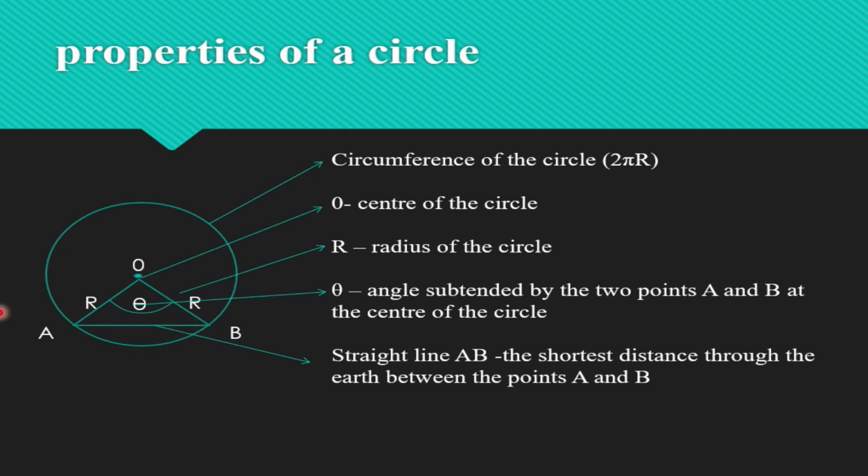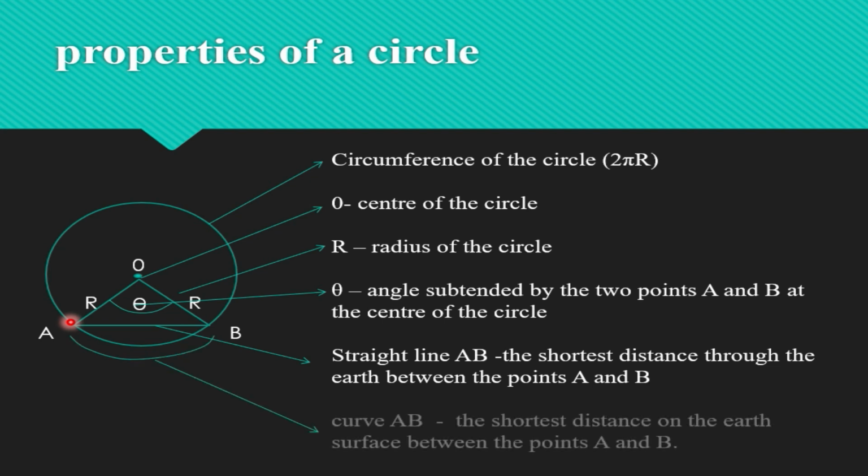And you can also pass from A, go around the circumference until you come to B, but likewise the shortest possible is still from B to A, any of them. Now from A to B through the circumference is what we call a curve, which is a curve AB, and the shortest distance on the earth's surface between the points A and B. So if you are passing here, it is shorter than you passing over there until you come over here.